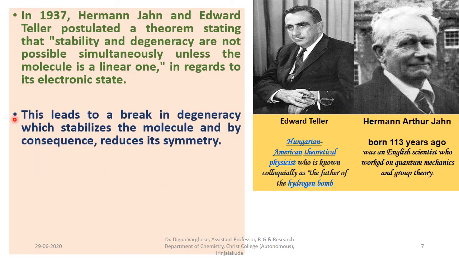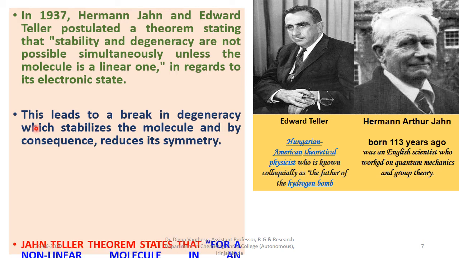This leads to a break in degeneracy, which stabilizes the molecule and by consequence reduces its symmetry. Because of the Jahn Teller effect, that break in degeneracy stabilizes the molecule and reduces it from higher symmetry to lower symmetry.